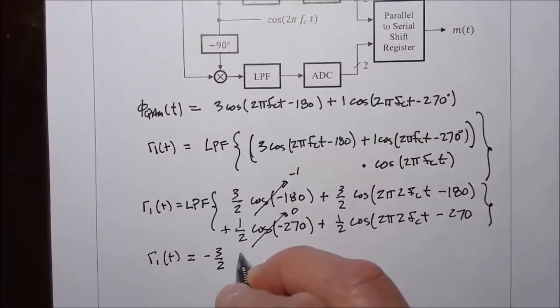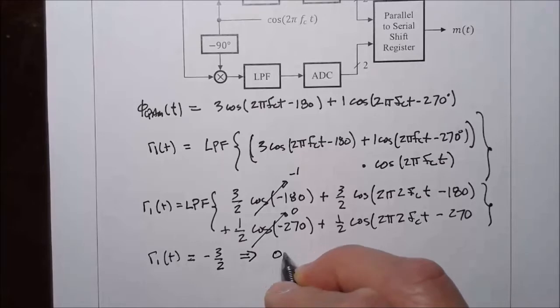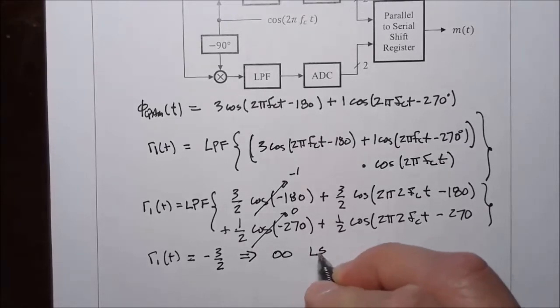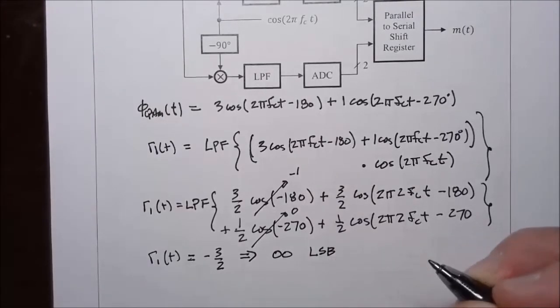So this maps to the symbol 0, 0 for the least significant bits.